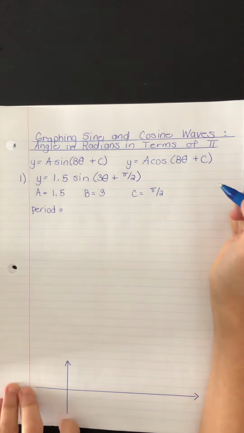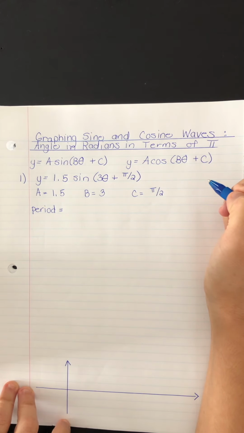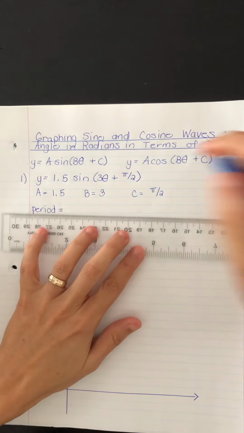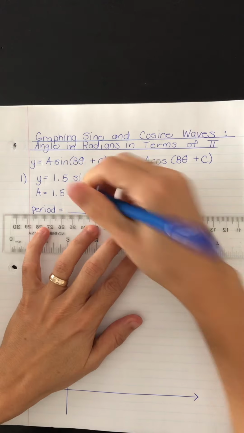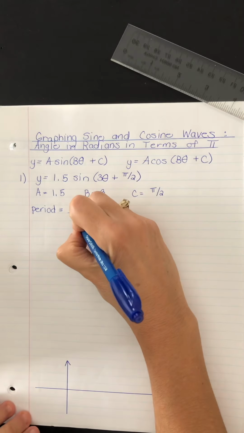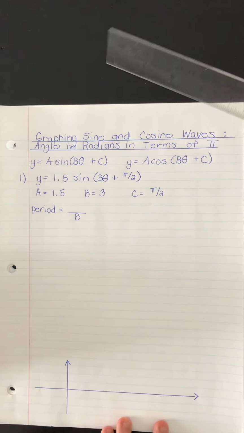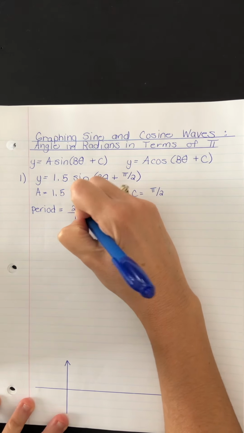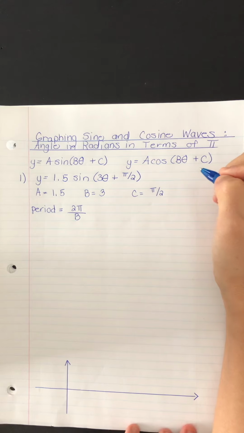In our last lesson, the period formula was 360 degrees divided by B. Well, in the numerator now, instead of 360 degrees, we will have 2 pi. 2 pi is the equivalent of 360 degrees.